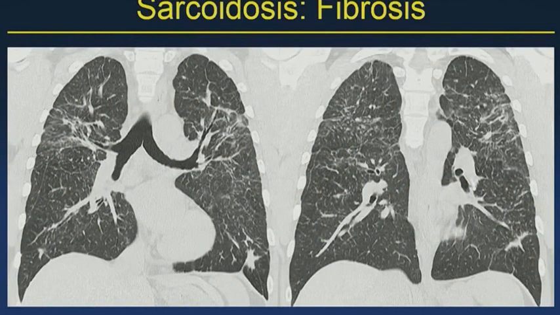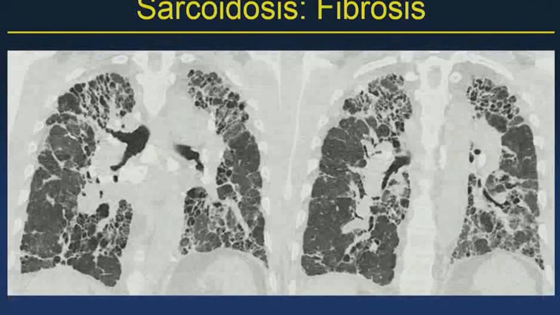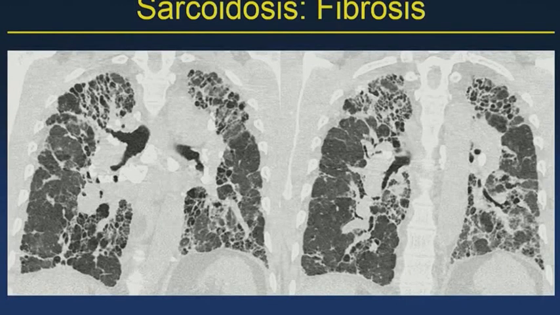Now here's a patient with sarcoid with fibrosis. In this case it's characterized primarily by linear opacities. Notice that they are parabronchovascular in distribution. The upper lobes are affected more than the lower lobes, so that pattern, the parabronchovascular distribution, the appearance is entirely in keeping with fibrotic sarcoidosis.